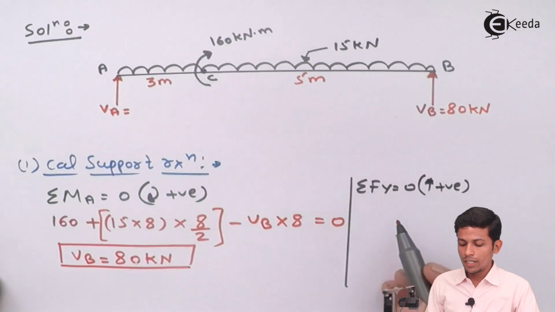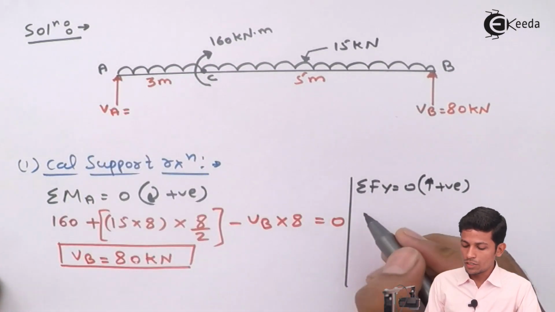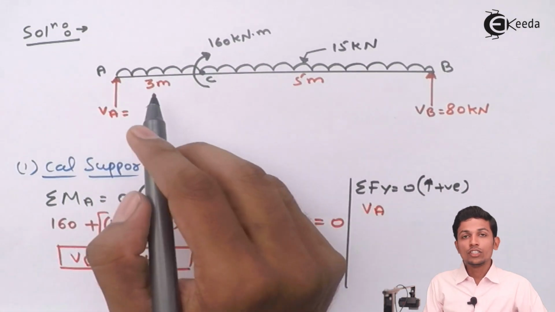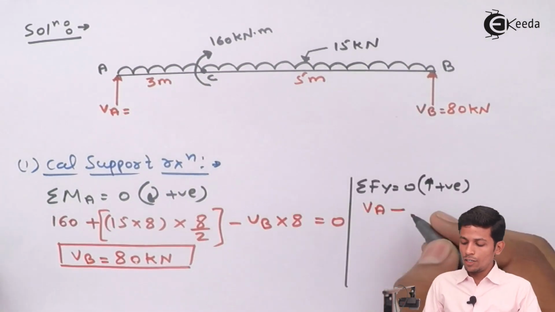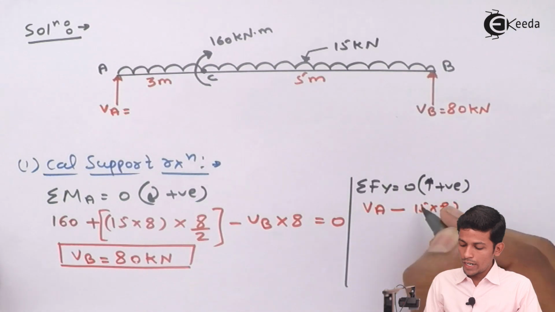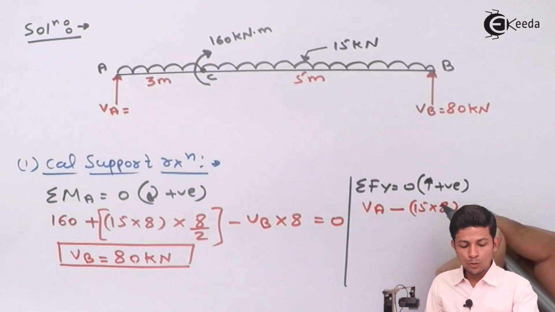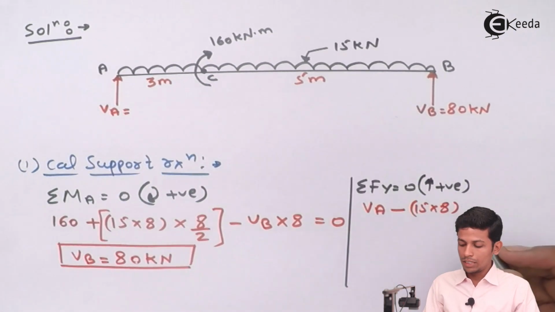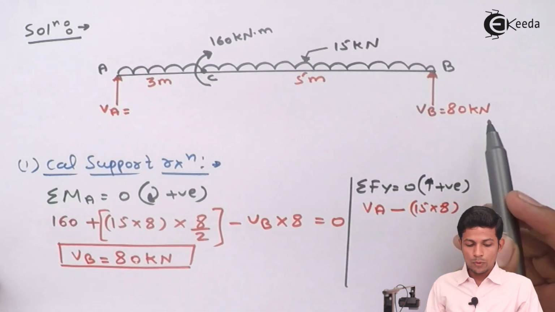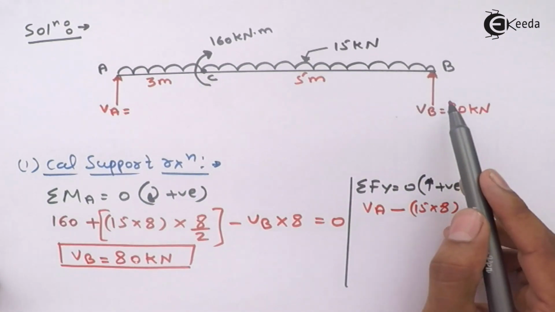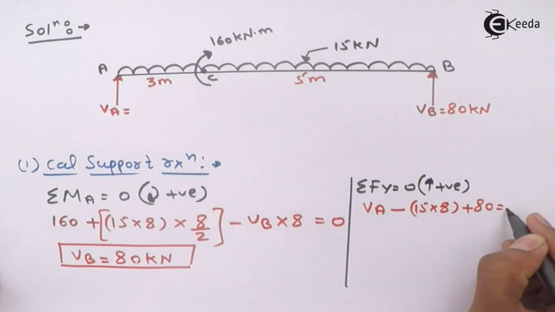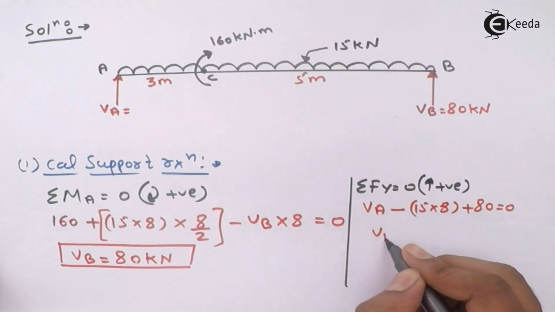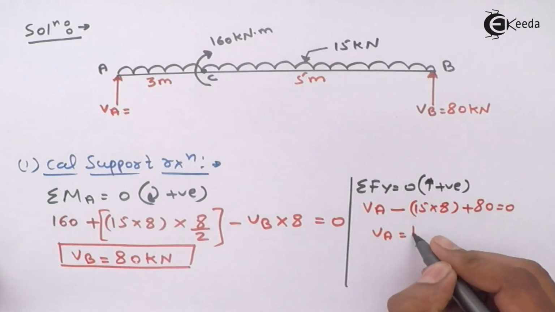Now what are the loads over here? This VA is going up, so positive VA. This UDL is coming downward, so minus 15 into 8, which is 120. After that, VB goes upward, so plus 80 is equal to 0. While solving this, you get the value of VA as 40 kilonewton.